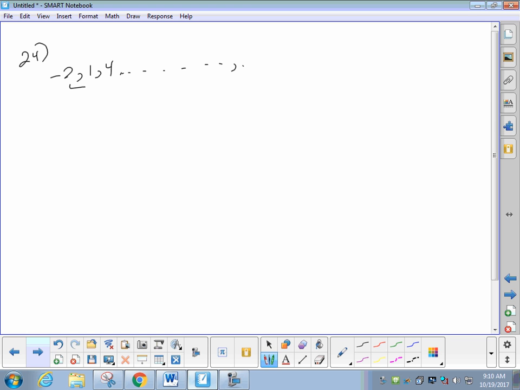Wouldn't you agree that the pattern here is plus 3 each time? So I could continue this until I got to the final few terms. Now, you can see that the first term is -2. Establishing a pattern, the second term, obviously it's 1, but in terms of how I got it, it was -2 plus 3.